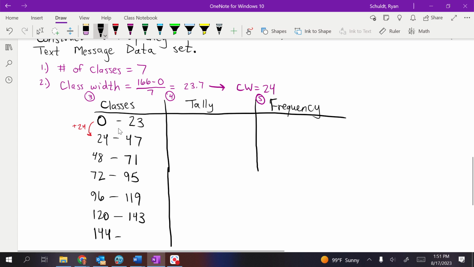Yep. What was it? 169. 167. Because each of these also has to go up by 24. So when we get down to this last one, I still have to say plus 24, which gets us 167.